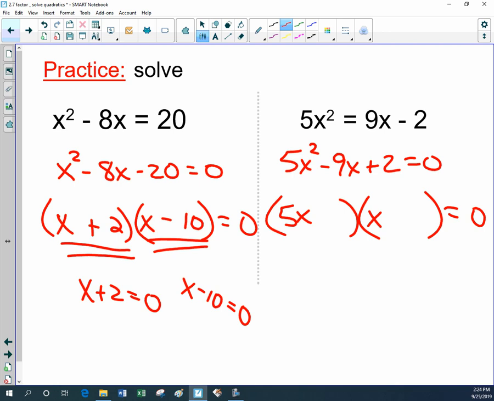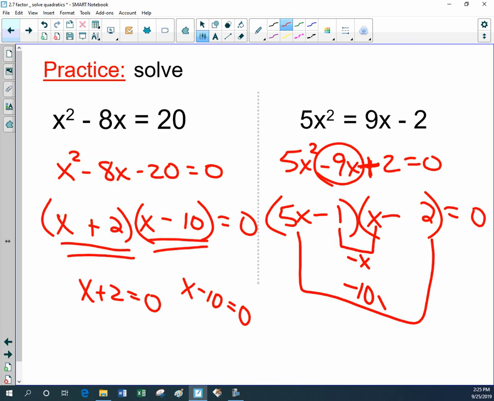There's no factorization of this that's going to give us a negative 9, because the first and last terms are positive and the middle term is negative, so both signs are the same. They're both going to be negative. This appears like it would work, but it's not going to work. That would be negative x and negative 10x, which would be a negative 11x. So that's not going to work.